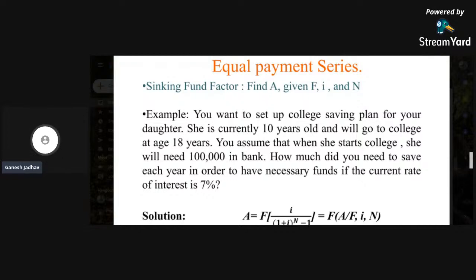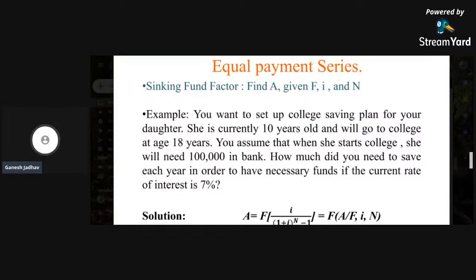What is this 1 lakh? 1 lakh is the future value, the future amount. So if the value of F is equal to 1 lakh in the bank, how much do you need to save each year in order to have the necessary funds, if the current rate of interest is 7%?